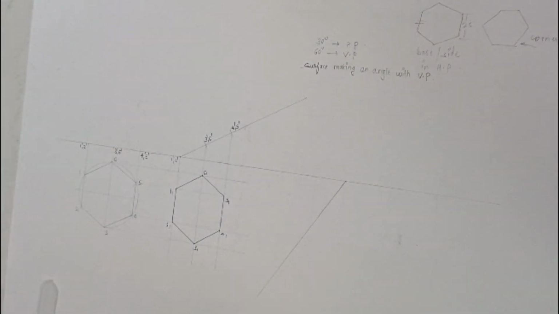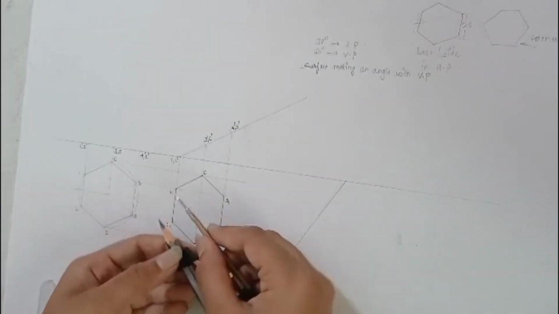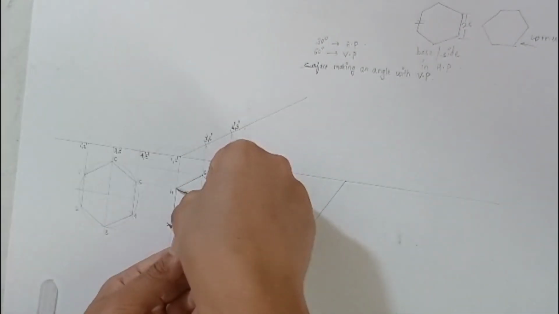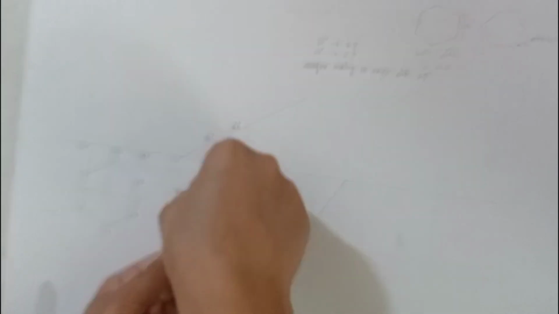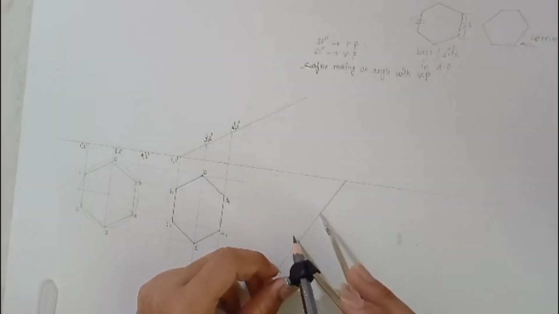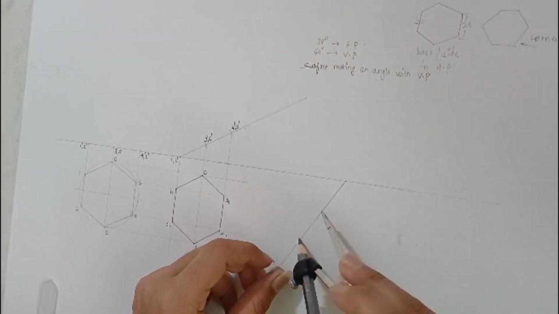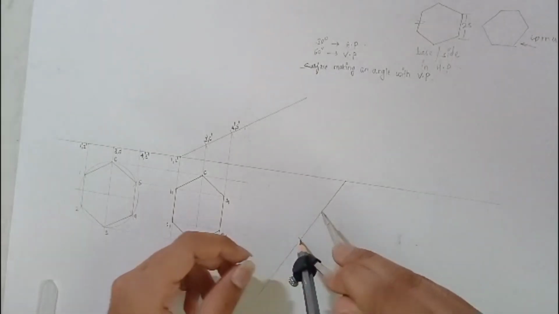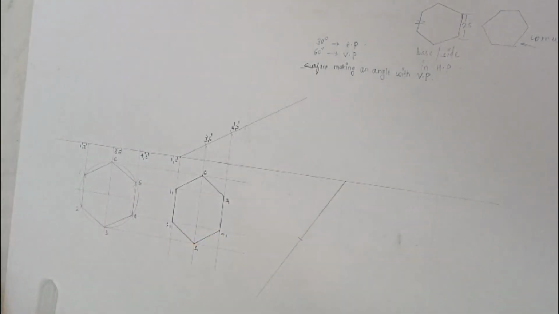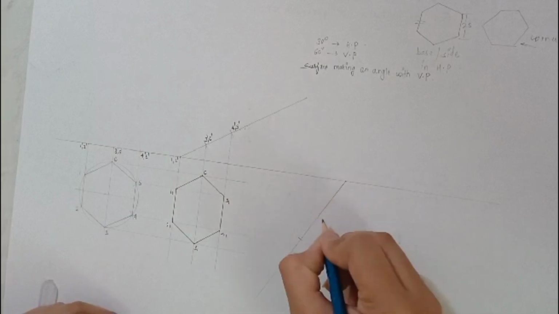Then taking the length of 1 1 and 2 1 as made in the top view. Now taking the length 1 1 and 2 1 on the line which is making 60 degree inclination with VP.